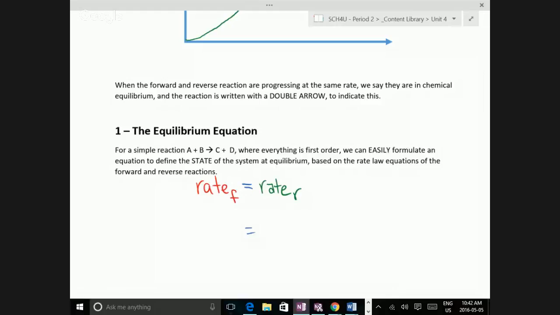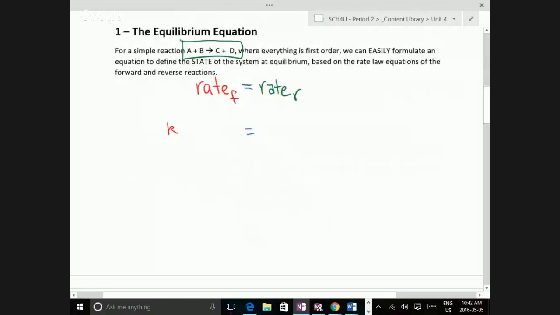In that case, looking at this reaction, what would the forward rate be equal to? K times... I'm going to call it Kf for the forward k, times the concentration of A and the concentration of B. Because we're using a nice simple example, everything's first order.